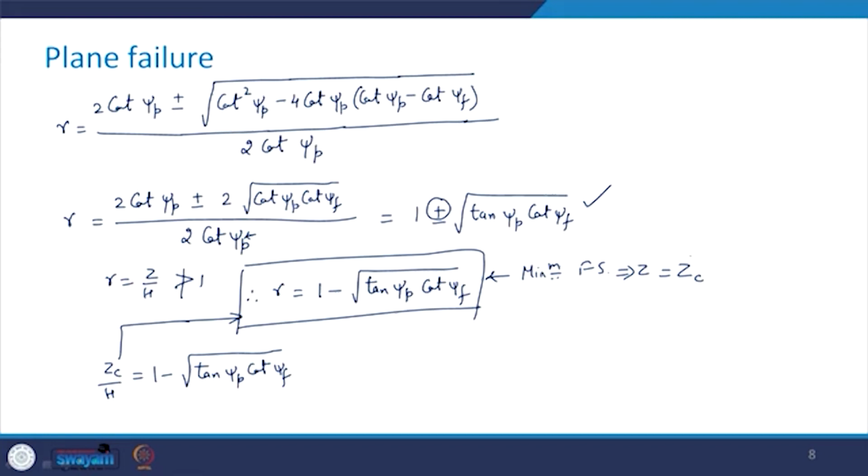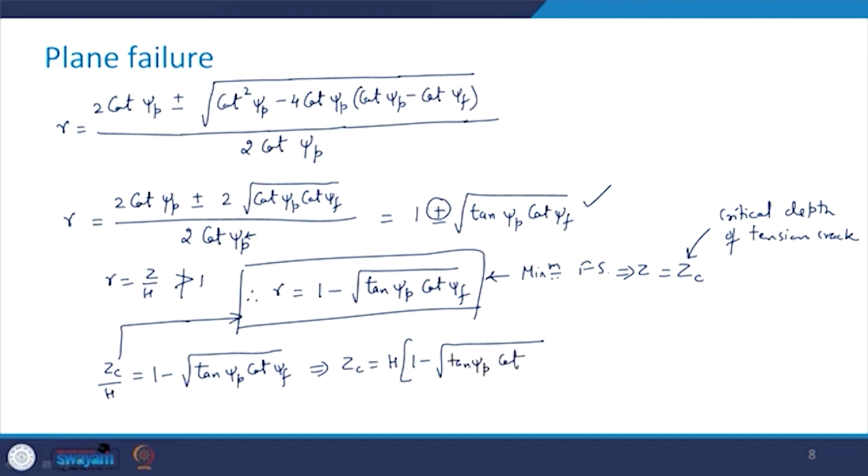where what is this zc? This is the critical depth of the tension crack, or from here this zc can be written as h times (1 minus square root of tan ψp cot ψf).